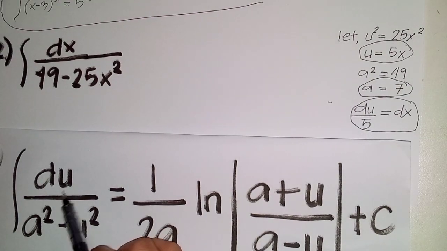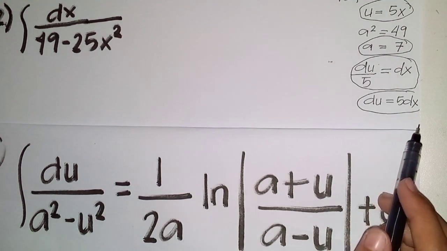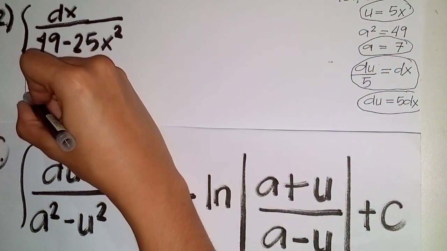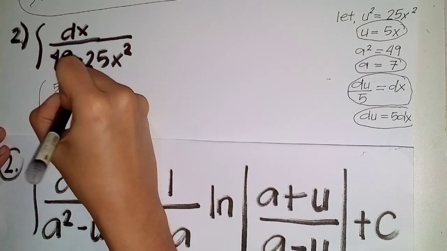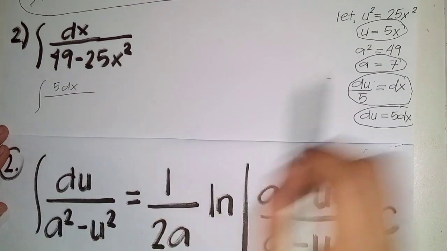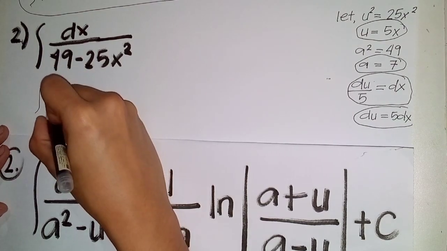Let us begin here. So our du here is 5dx. So we're going to put the integral of 5dx over our a is 7, so we're going to put 7 squared.